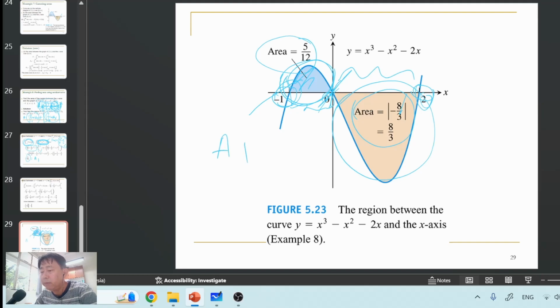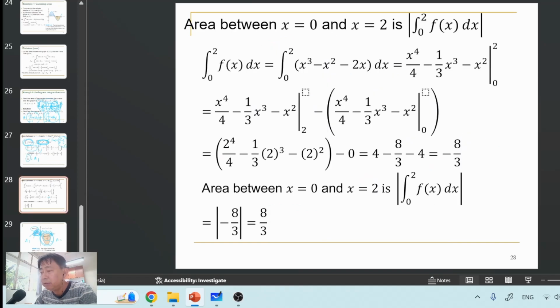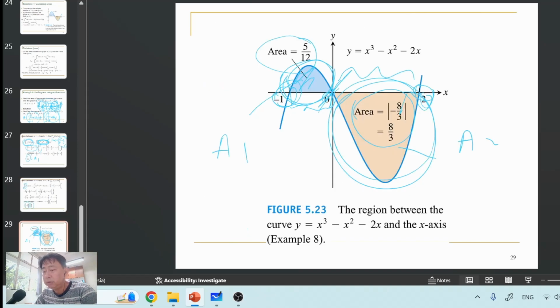I call this A1. And then to calculate the area of A2 here, what you need to do is simply to evaluate the integration of the function between 0 and 2. Then you take the absolute value of it. That will give you the area of A2.